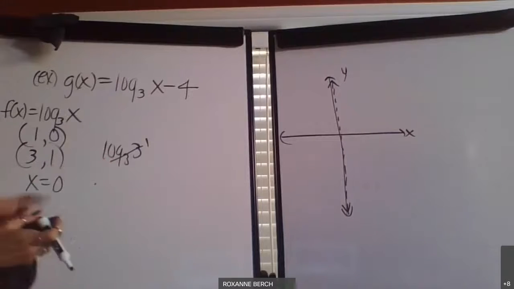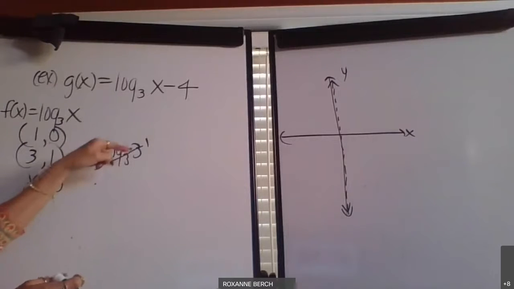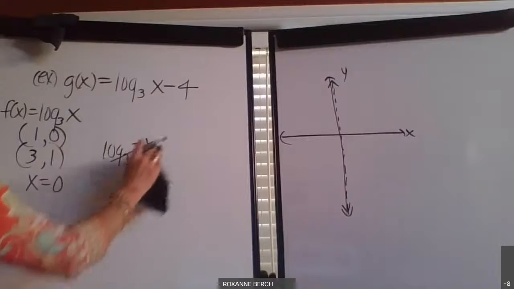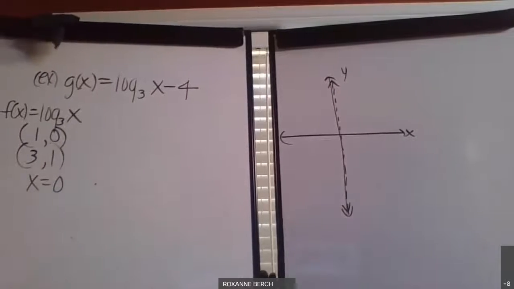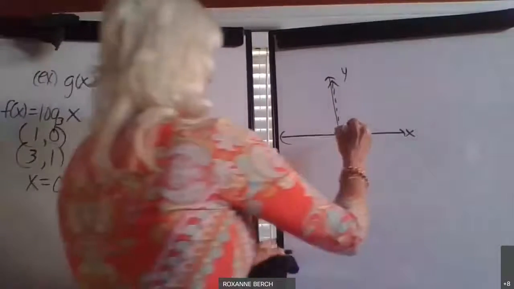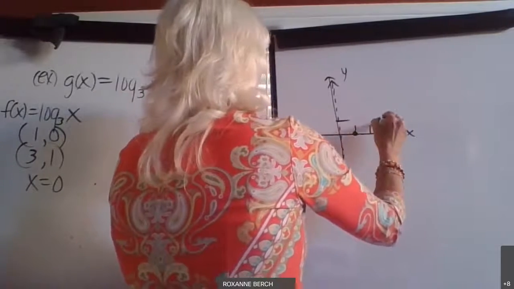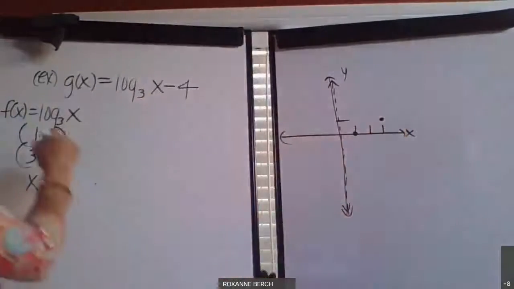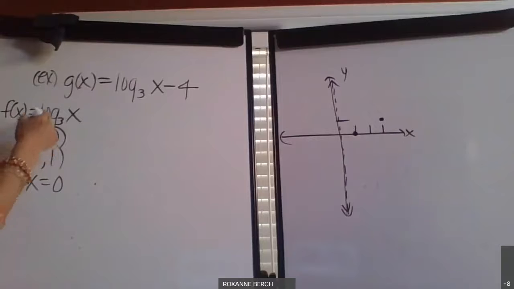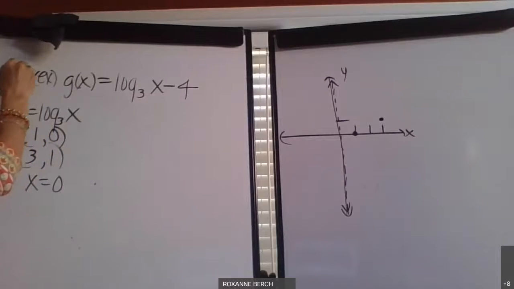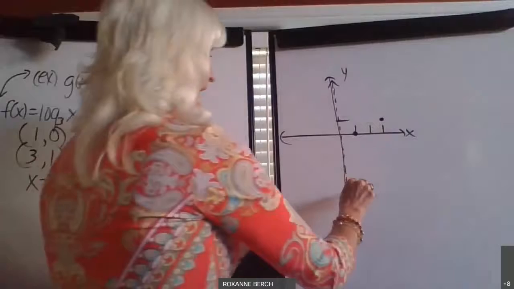A log and the base of an exponent undo themselves. So let's graph that. Right 1, 0. Right 3, up 1. And remember what the logarithm looks like? It goes up along the vertical asymptote.